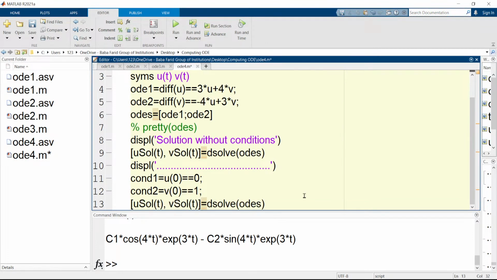First you need to store these two conditions in a single variable. I use here conditions. We can store both the conditions in the single statement by using condition 1 semicolon condition 2. We have two equations, so we have to use a semicolon for both.